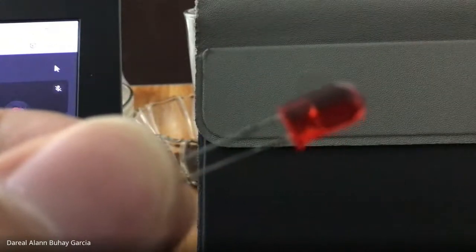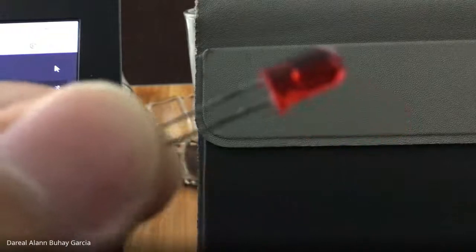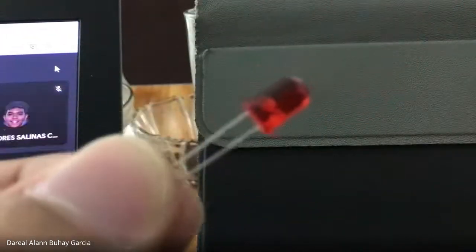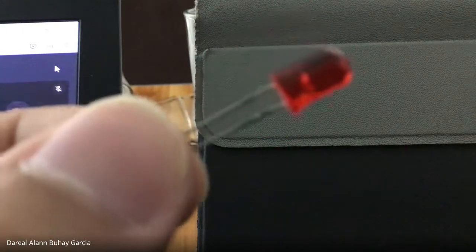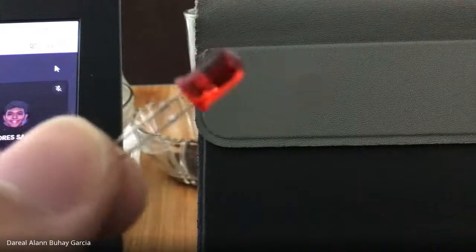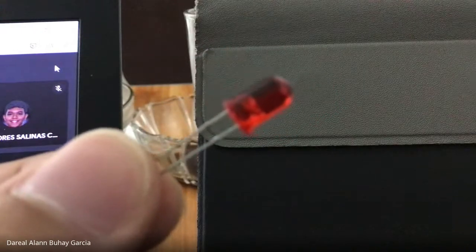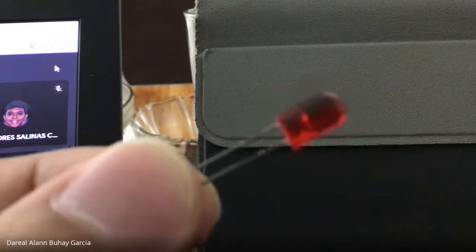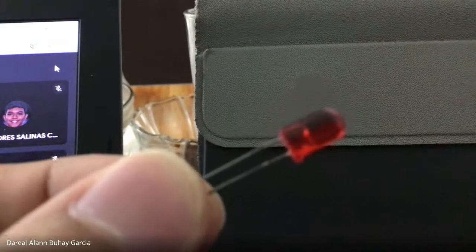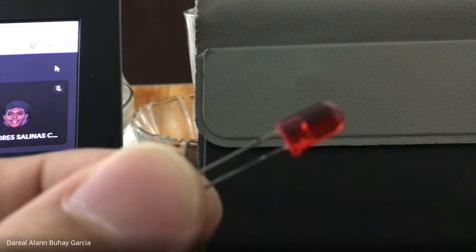In terms of circuit design, mechanism, and p-type and n-type material, it is the same. So whenever we discuss diodes, you can visualize them as LEDs.